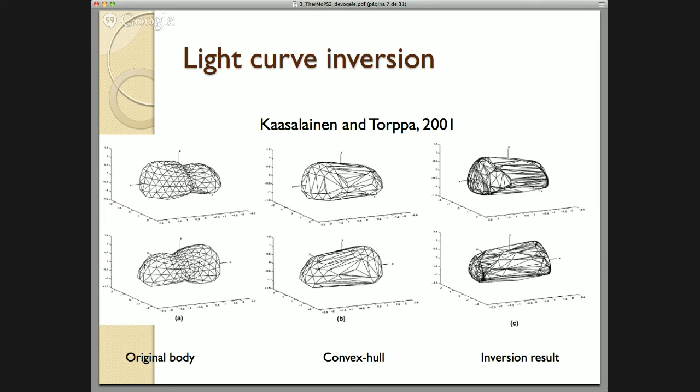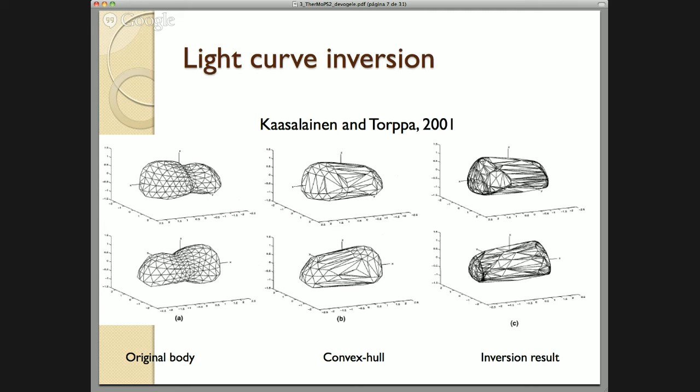In the results they obtained, the convex shape models were always very similar to the convex hull. The convex hull is simply the minimal volume which will enclose the original non-convex body, and one of its properties is that it tends to fill the concavities with large flat surfaces.